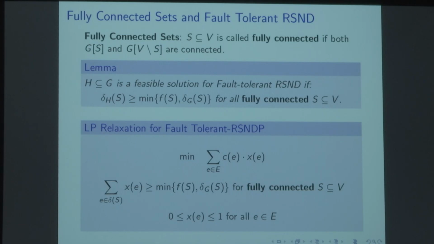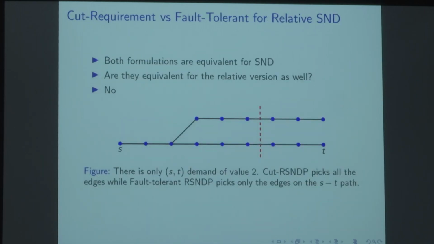And this will capture your fault tolerant RSNDP. So you can see that in this case, for the fault tolerant version of the problem, we will not enforce the condition for this red cut, because this cut is not fully connected. If you look at the right hand side of the cut, it has two connected components.